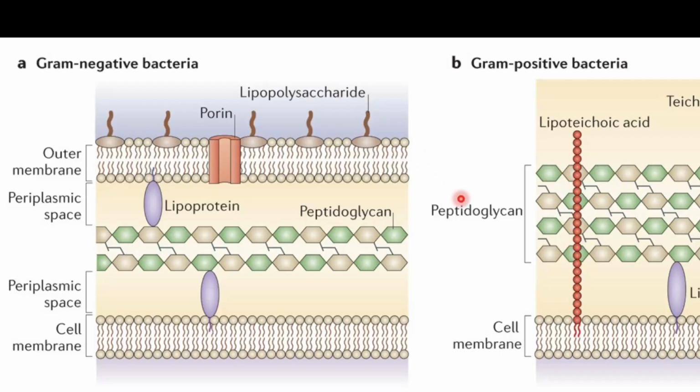And why are these bacteria called gram positive? Because they stain positively for gram staining. Gram stain is something which binds to the peptidoglycan layer. Now, since the peptidoglycan layer is on the external surface of the cell membrane, this can readily attach to the gram stain, and thus these bacteria are characterized as gram positive bacteria.